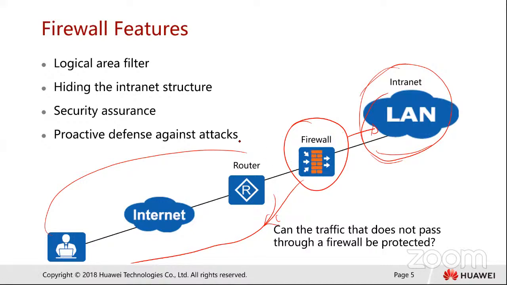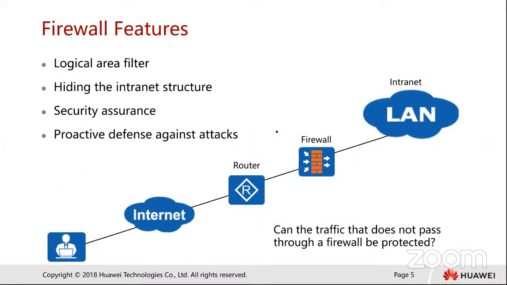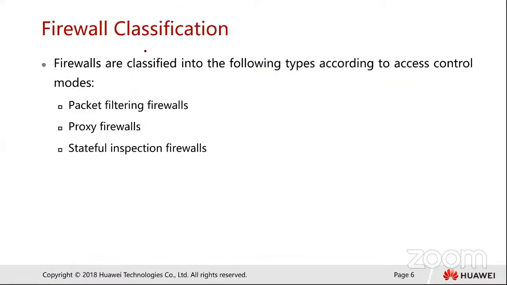So when people send ARP packets or ping packets and they're not permitted to go through our firewall, they will not be successful. And this is what we want to look at in this chapter. So, classifications of firewalls.